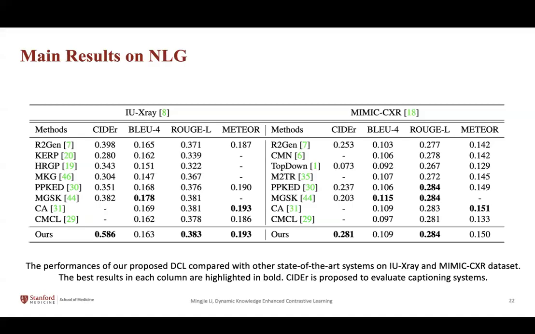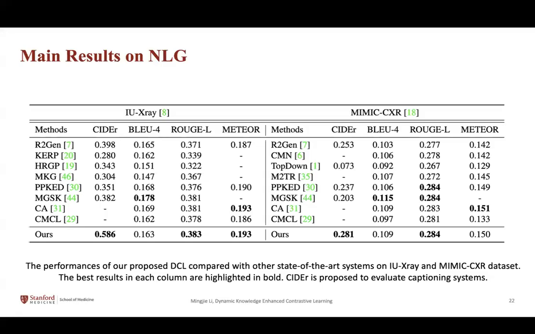CA and CMCL employ contrastive learning and curriculum learning to improve performance. The performance of other baseline models such as HRGP, M2TR, and Top-Down are also reported. Since we follow the same settings, sometimes we directly cite the results from the original papers.